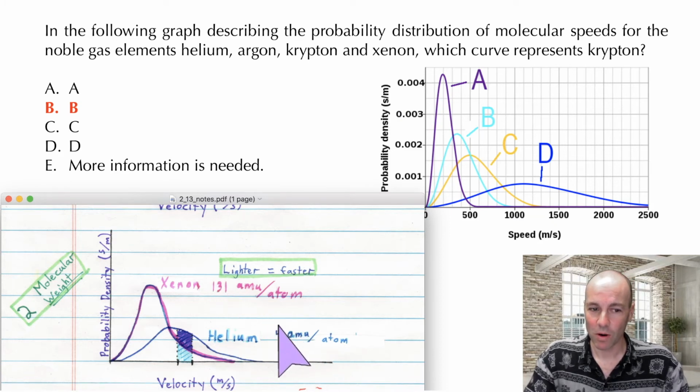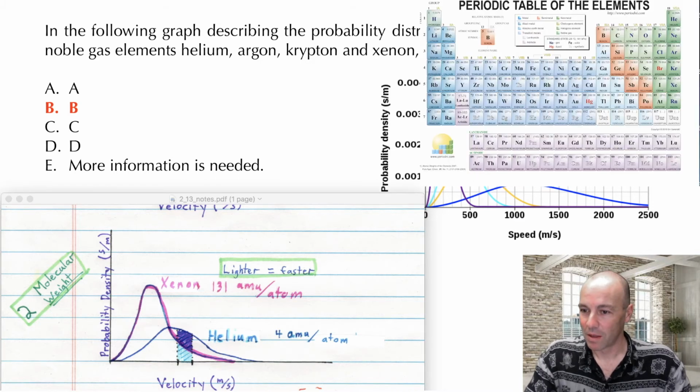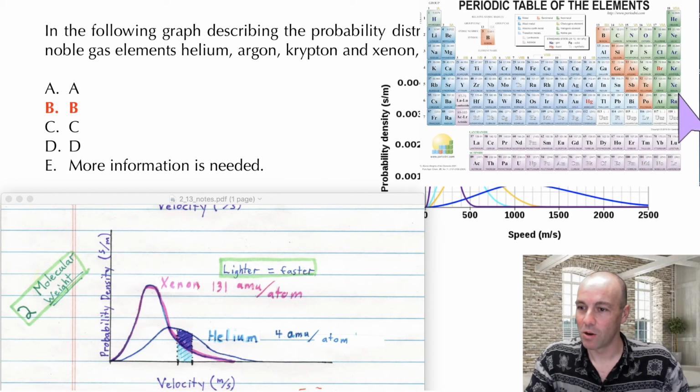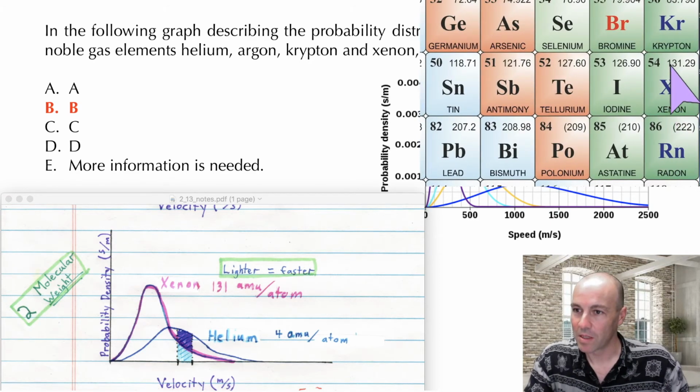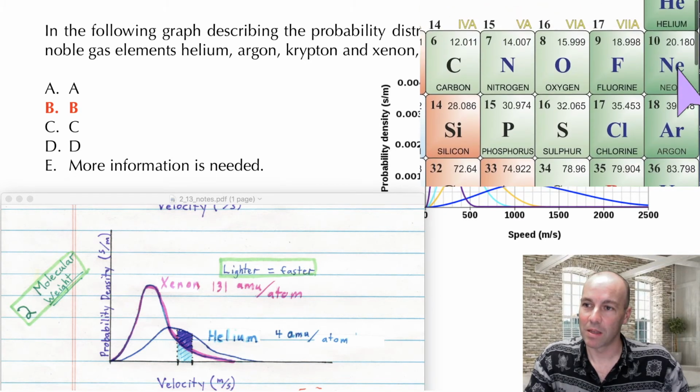And I'll remind you where you can find out the mass of the gas particles. It's right on the periodic table. So xenon is over here. We're talking about the noble gases, and if you blow up xenon, you can see that it's 131 atomic mass units per atom. And helium is the lightest one.